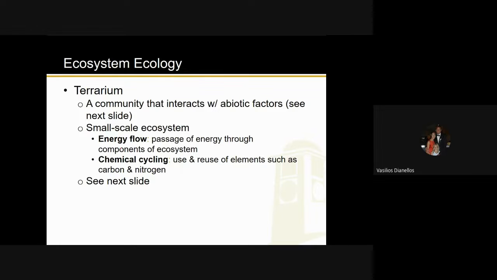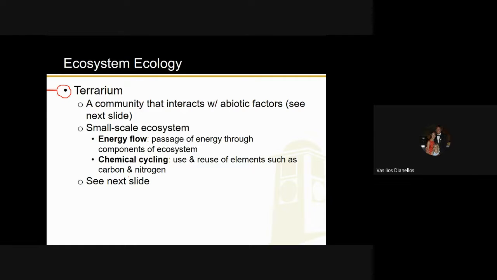That would be an abiotic factor. Those noises would probably scare the squirrels to some degree, and they would probably avoid them. Anyway, I don't necessarily like this slide, but your book included this information, so did I. So let's talk about what a terrarium is.